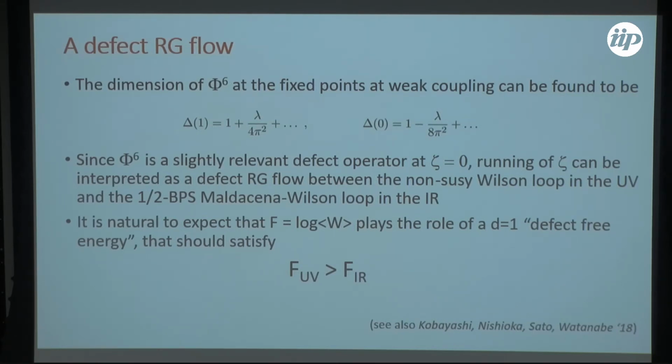It's natural to view the log of the expectation value of the Wilson loop as some kind of free energy for this one-dimensional defect. So it's natural then, if F is log of W, to expect that F UV should be bigger than F IR. You can try to check this by doing the actual calculation.